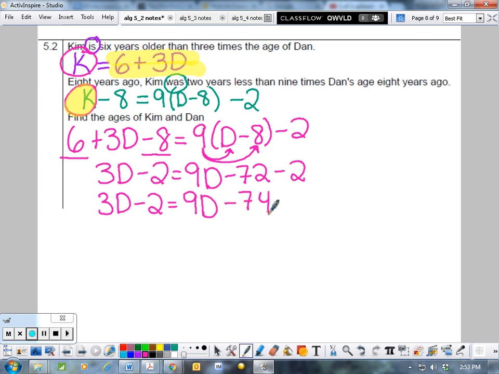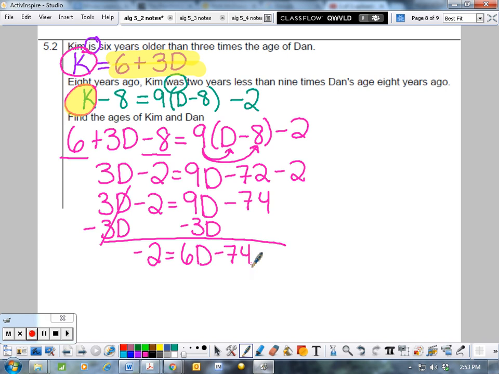Now I've got D's on different sides of the equation, so I'm going to move my smaller D. I'm going to subtract 3D on both sides. Now I have negative 2 equals 6D minus 74. Then I'm going to add 74 to both sides.